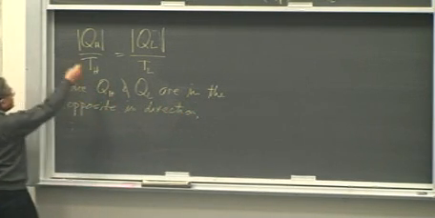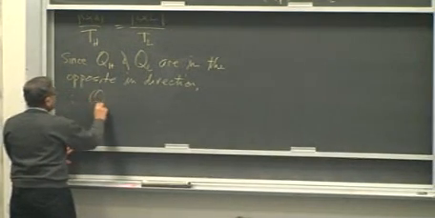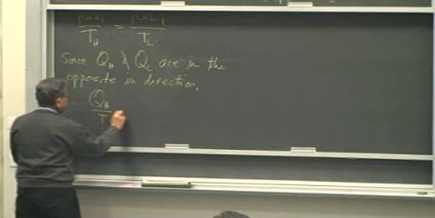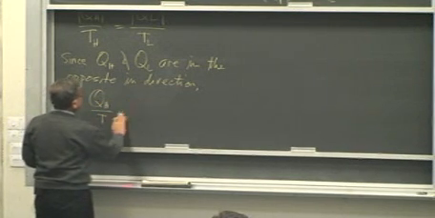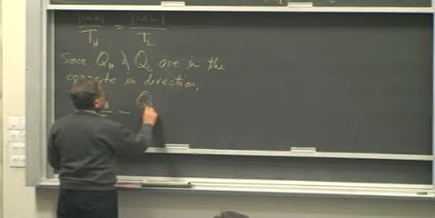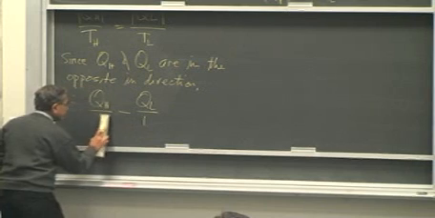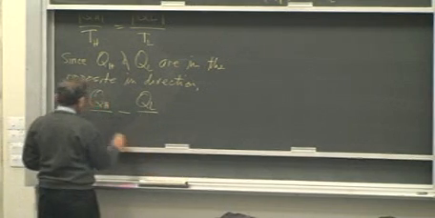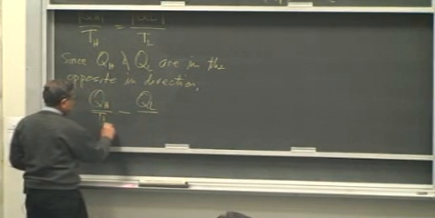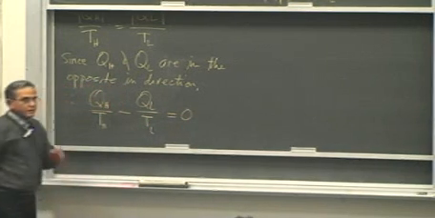Therefore, I can easily write over here QH over TH is equal to E minus QL over TL. Okay.